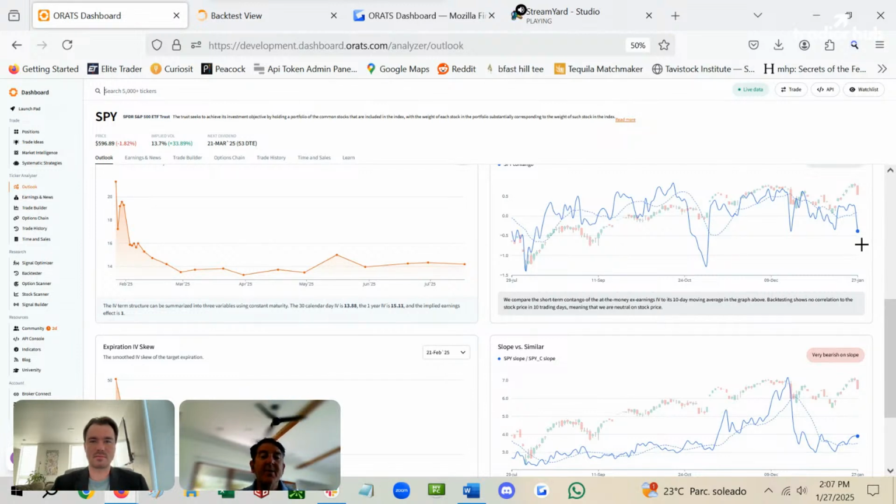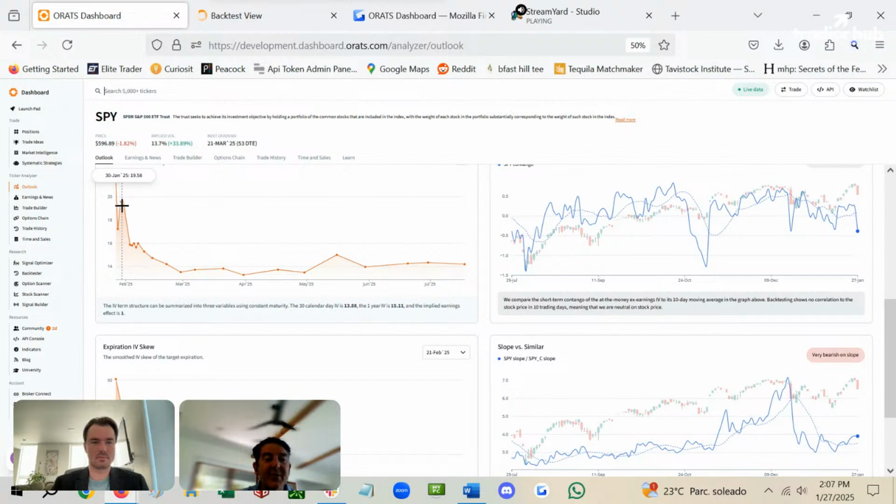Yeah, so Contango is a state when the front months are below the back months in implied volatility. Backwardation, or as we call it, negative Contango, is what is happening here.